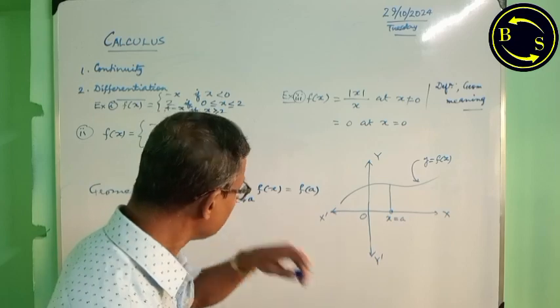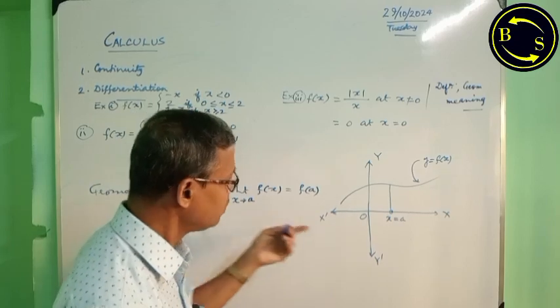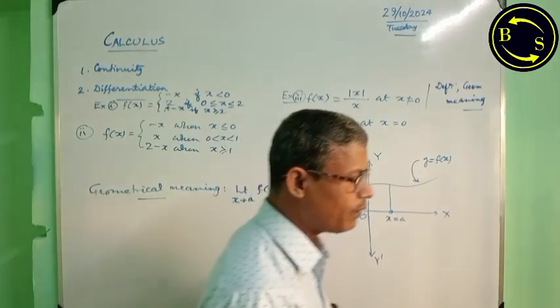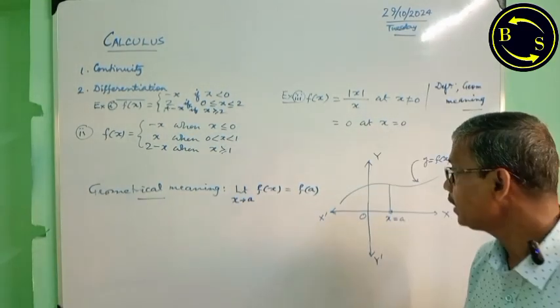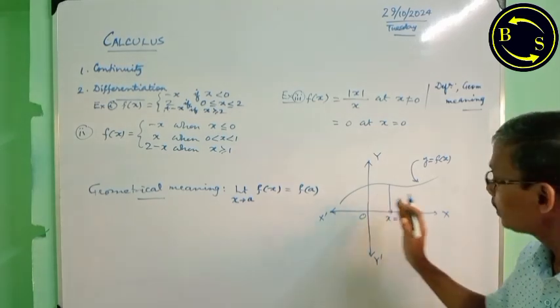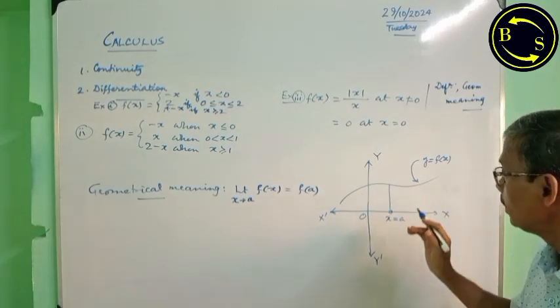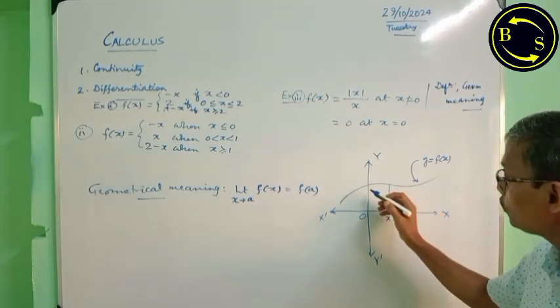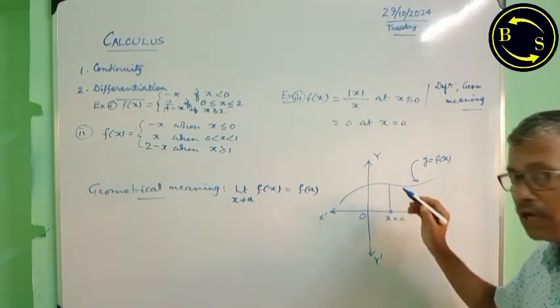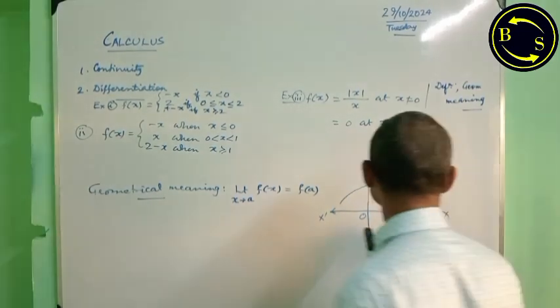After drawing the graph, we shall find that at x equal to a, or the values of f(x) as x approaches a from left as well as from right, there is no gap of y equal to f(x).